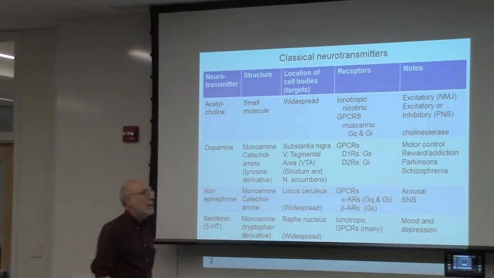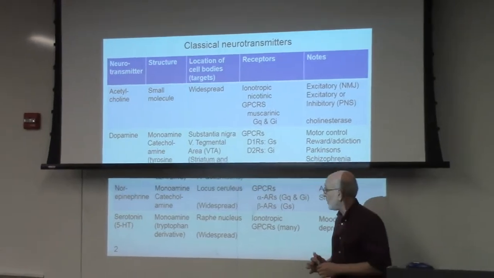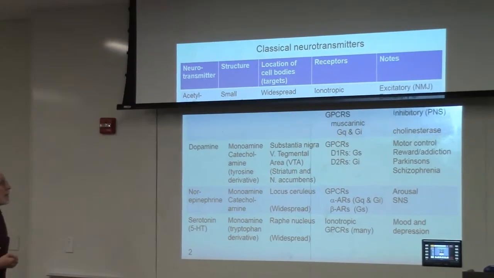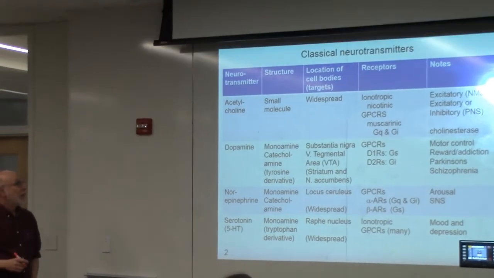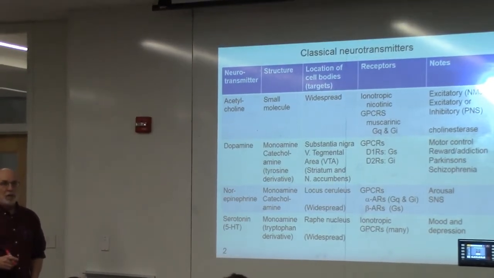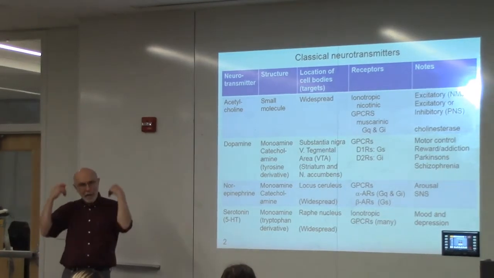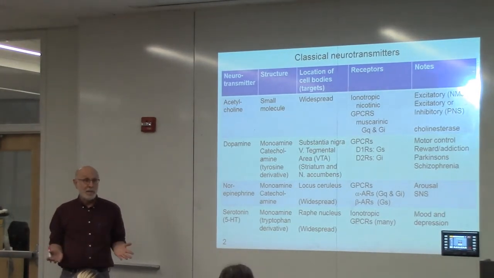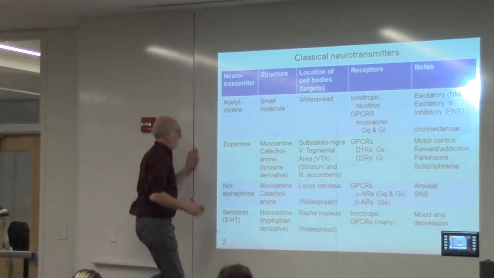And tables have a ton of information on them. So this table is partly material that I do want you to know, and partly for reference that I don't expect you to pack into your brain. So now the question is, well, which is which? So let's go through it.